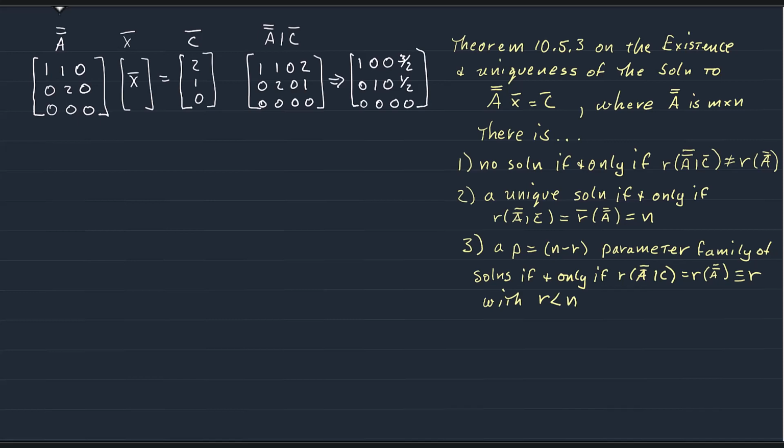This tells us that x1 is equal to 3/2, x2 is equal to 1/2, and x3 is unconstrained. It's equal to alpha. So this is our free parameter, our one parameter controlling an infinite number of solutions.